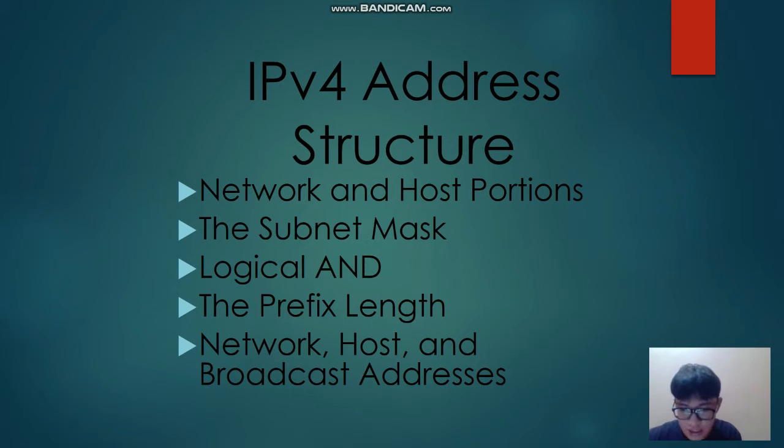When determining the network portion versus the host portion, it is necessary to look at the 32-bit stream. Within the 32-bit stream, a portion of the bits identify the network and a portion of the bits identify the host, as shown in figure 1.